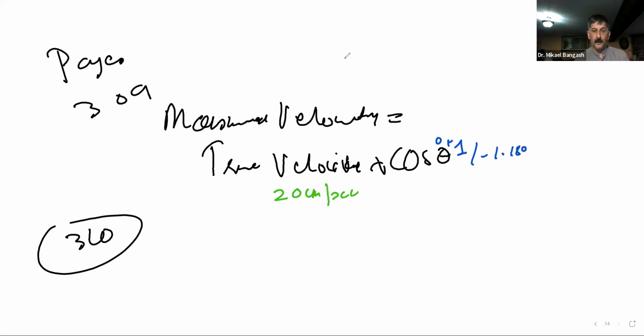But you can mainly say that if our actual velocity was 20 centimeters per second, and we multiply that by 1, because that was the cosine theta value at a 0-degree or 180-degree angle, our measured velocity is still going to be 20 centimeters per second. Did you ladies get that?